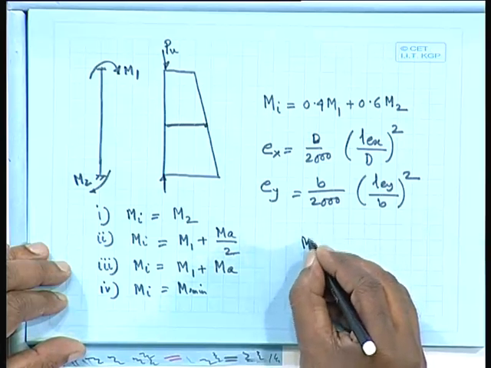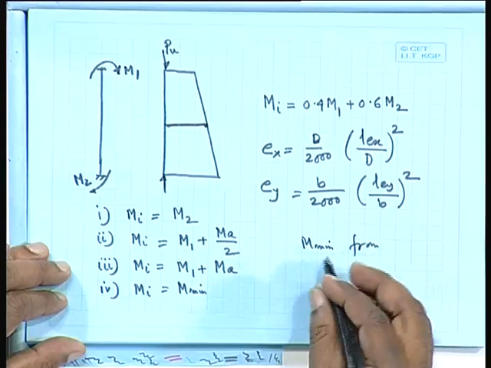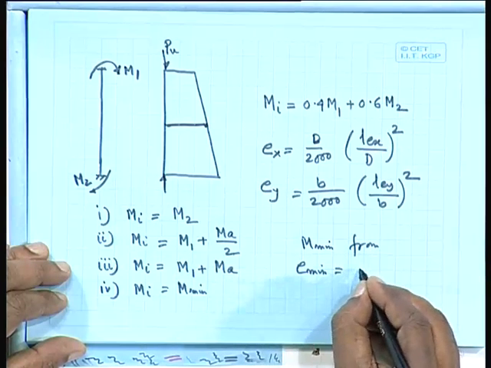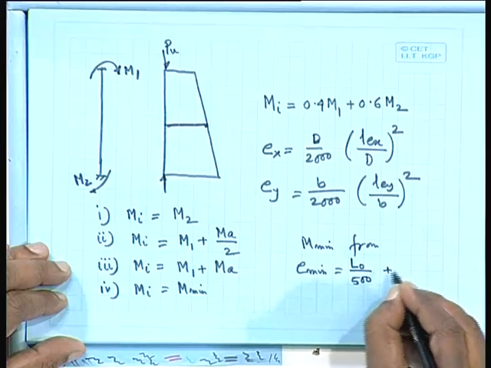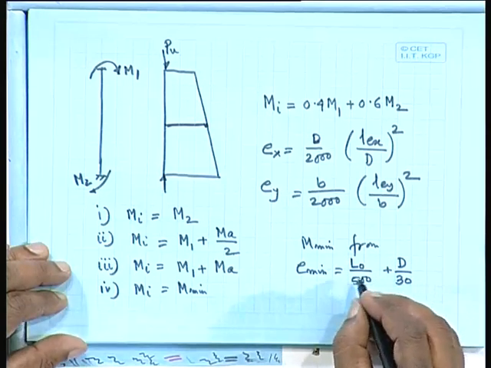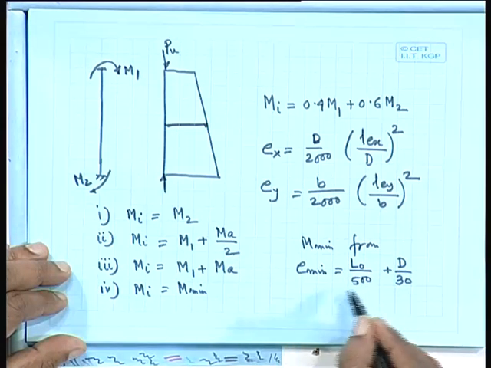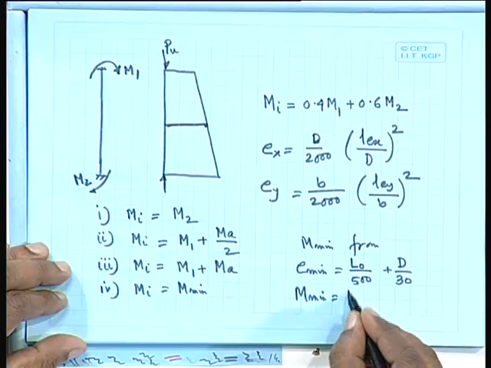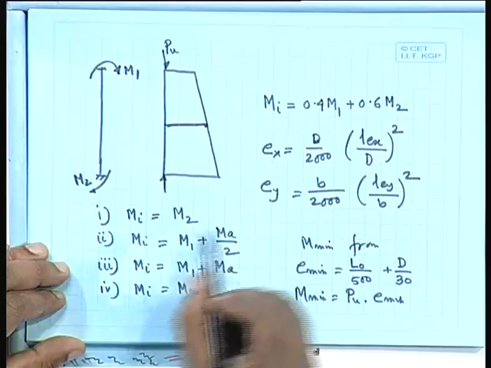M minimum we can get from that e minimum, which is equal to L0 by 500 plus D by 30. Please note that we have already used it. So, L0 by 500 plus D by 30. From there I shall get e minimum. So, M min will be equal to Pu times e min. So, we are getting 4 cases.